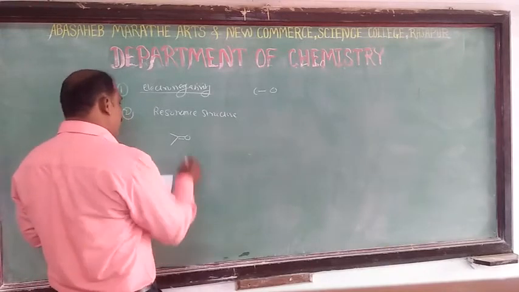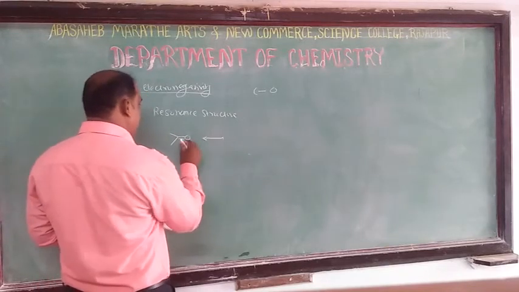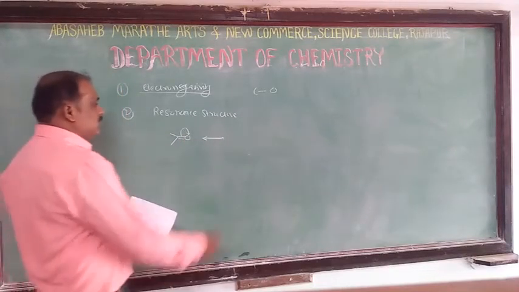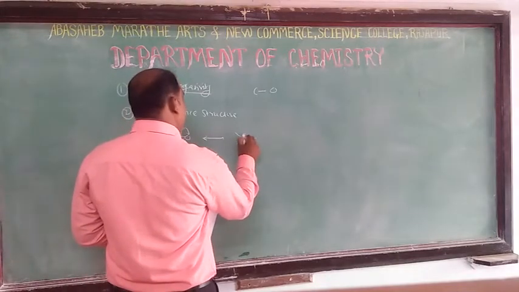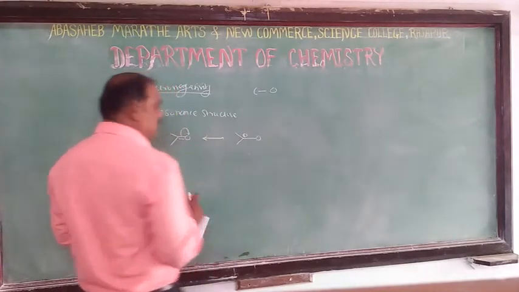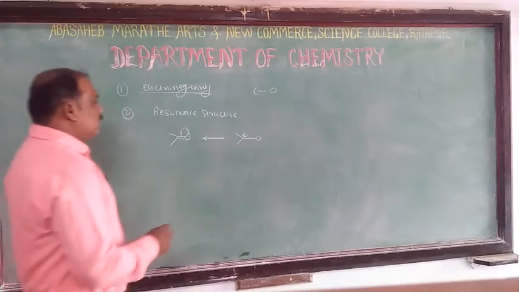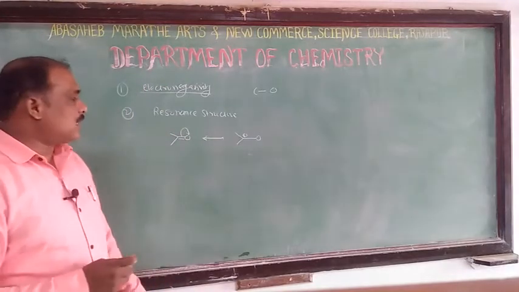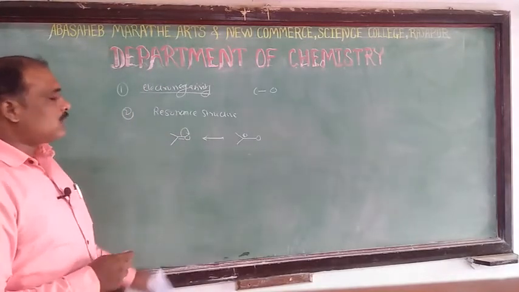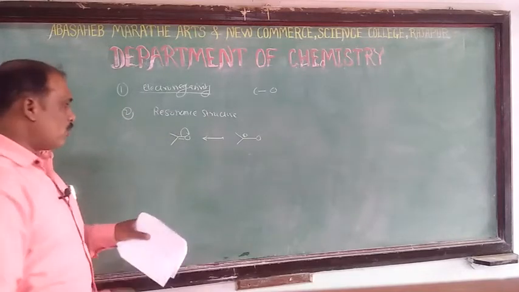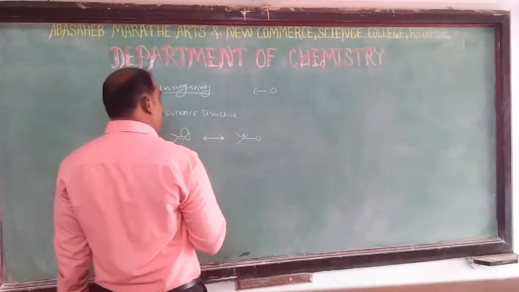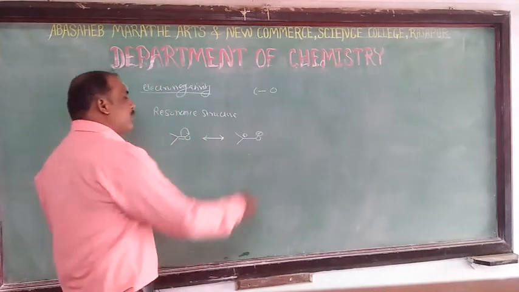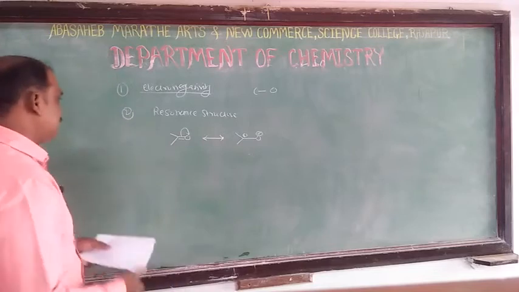carbon: in the resonance structure, the electrons are given to oxygen, forming a positive charge on the carbon. This positive charge on the carbon is like a tertiary carbocation, which is more stable. And these extra electrons are also present on the oxygen atom.